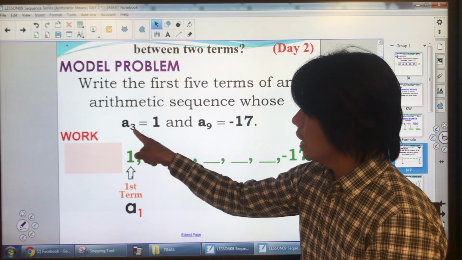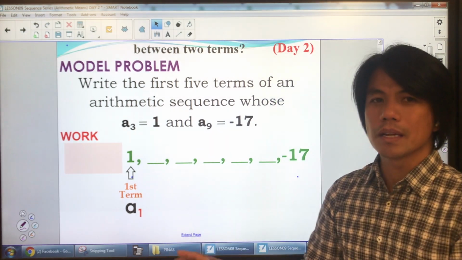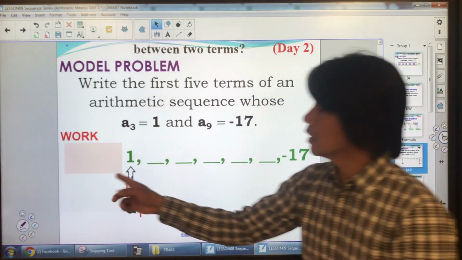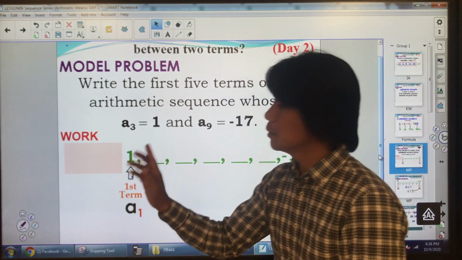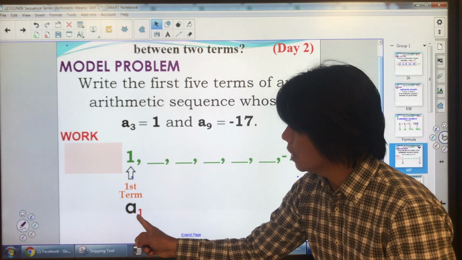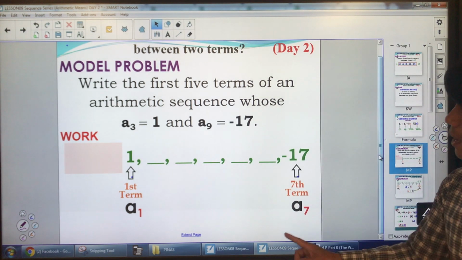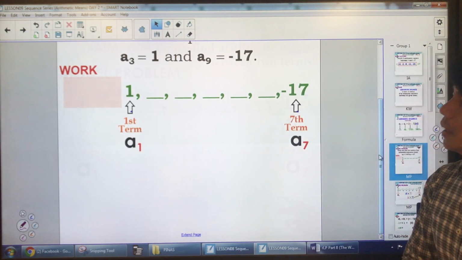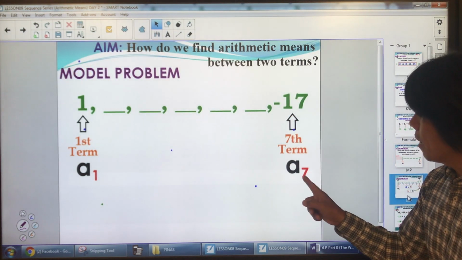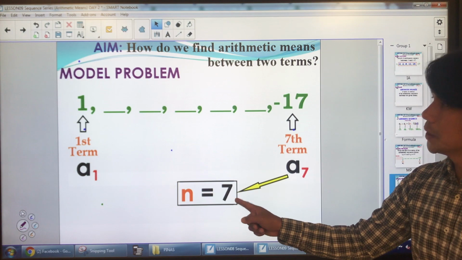So instead of a sub 3, we will take this as our a sub 1. So that's the strategy. We're going to go back to a sub 1 and a sub 2 later once we're done with this. So if that becomes your a sub 1, this becomes your a sub 7 or 7th term. So if this is a sub 7 or the 7th term, we can say that n is equal to 7.